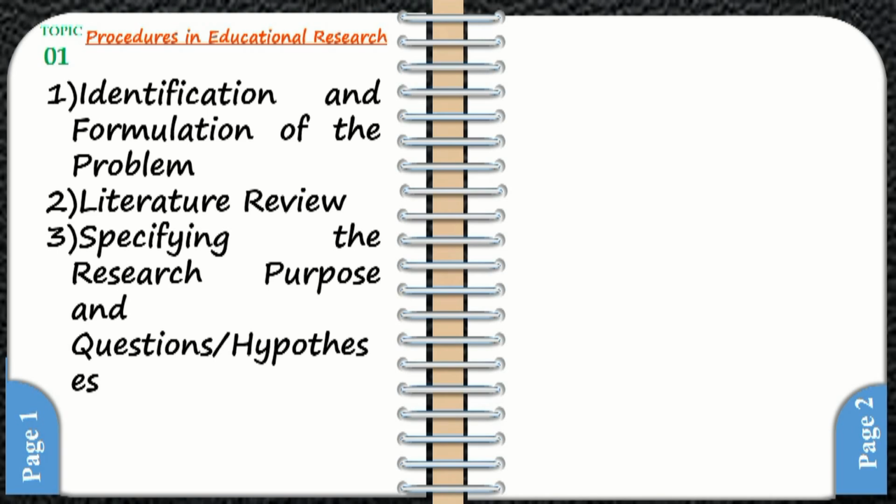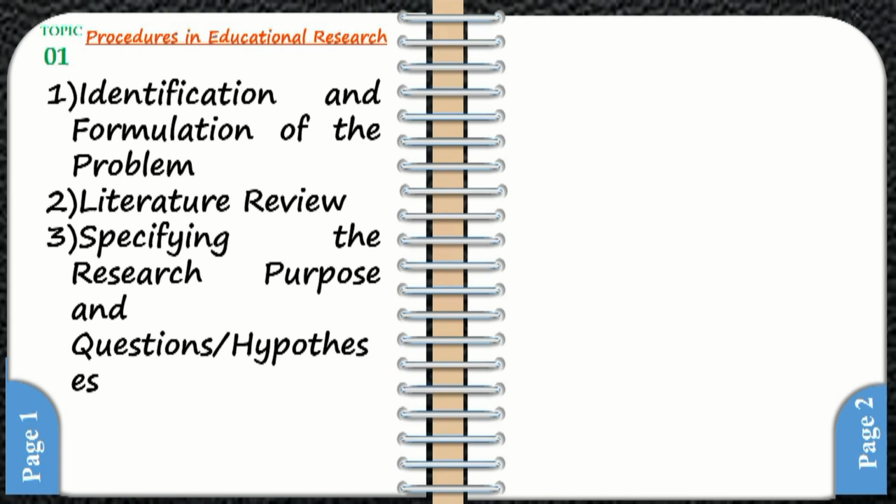Number 3, you specify the research purpose, the question, and the hypothesis to be used. Based on the literature review, the researcher clearly states the purpose of the study. This purpose is then translated into specific, actionable research questions, which are mostly common in qualitative research, or testable hypotheses, common in quantitative research.